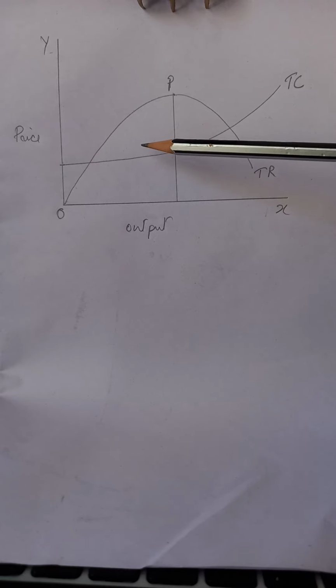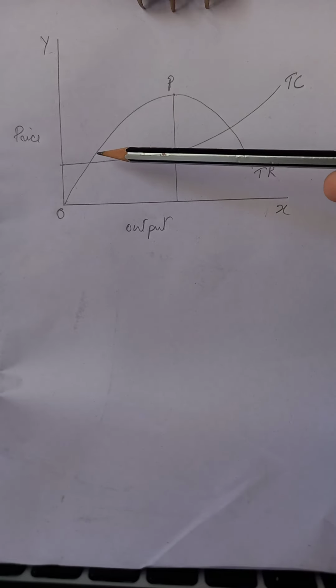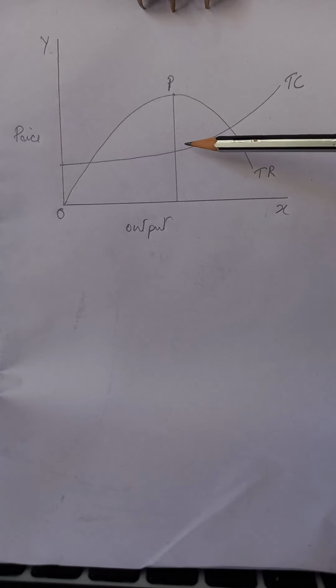The more he produces, the more his profit, because the TR curve is above his TC curve.